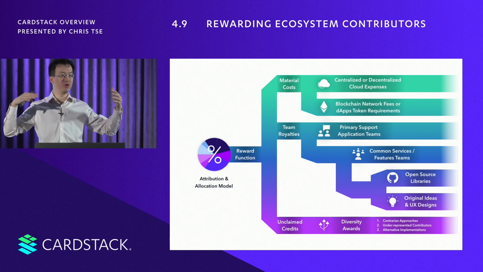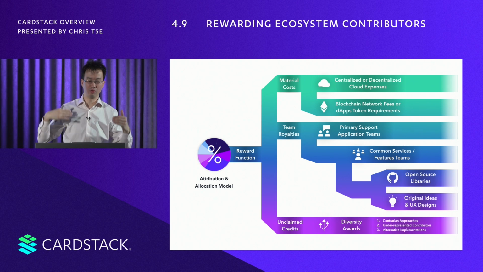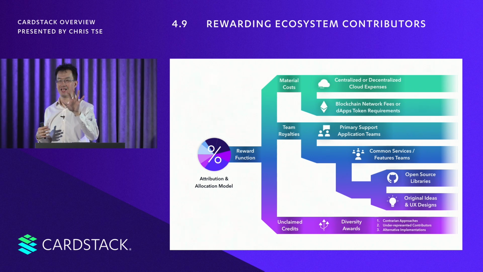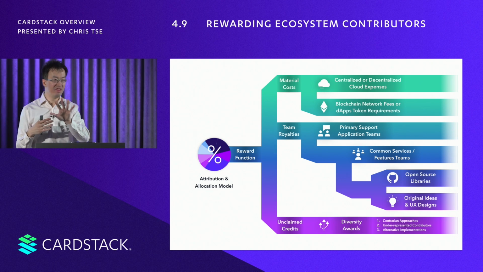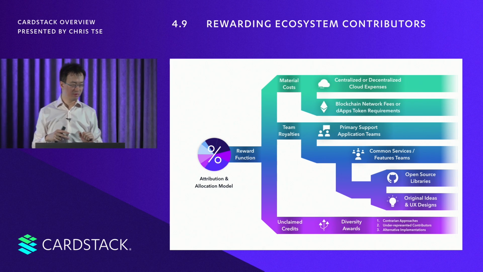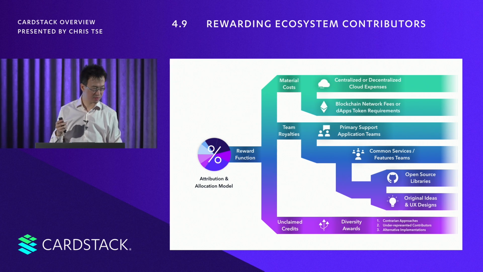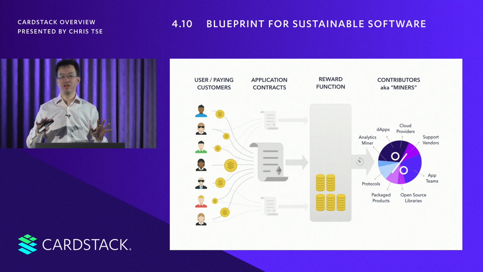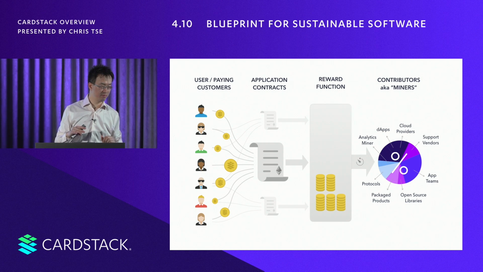We want to make sure we allow people to grow into this through this distribution function. And that's why the reward function is less of a technical concept than an economic design for a well-orchestrated social ecosystem.